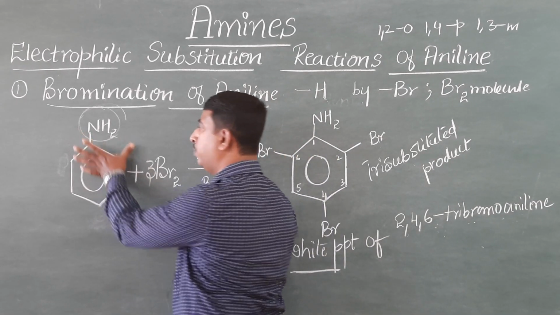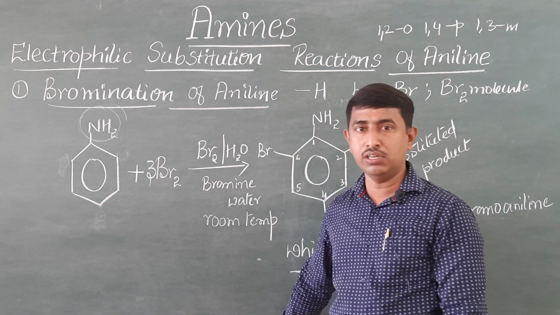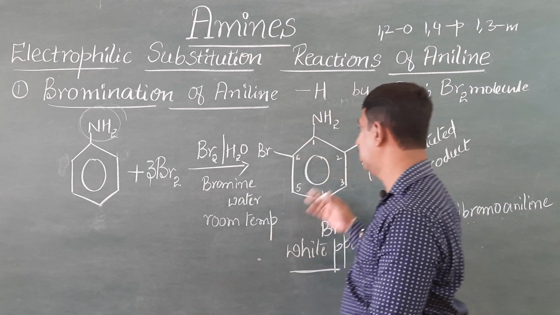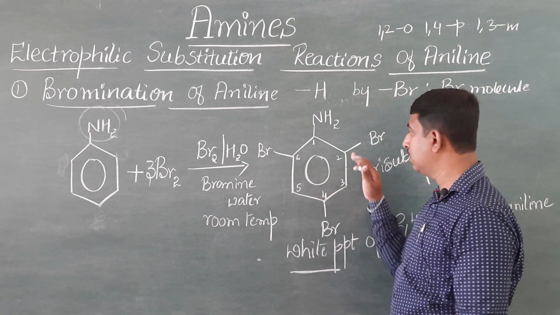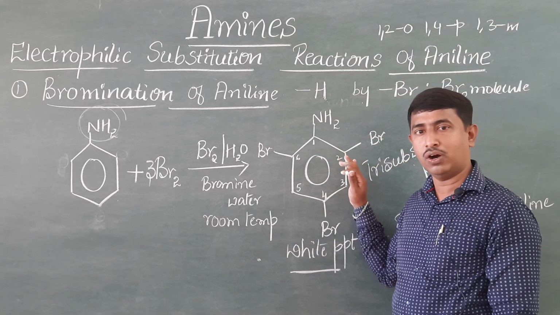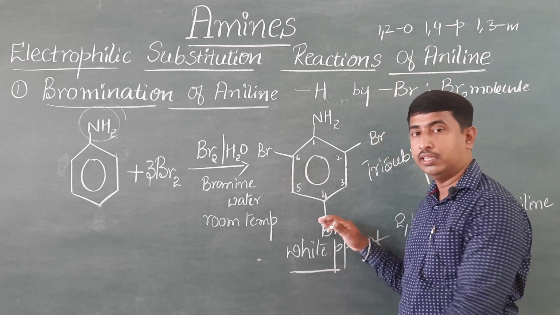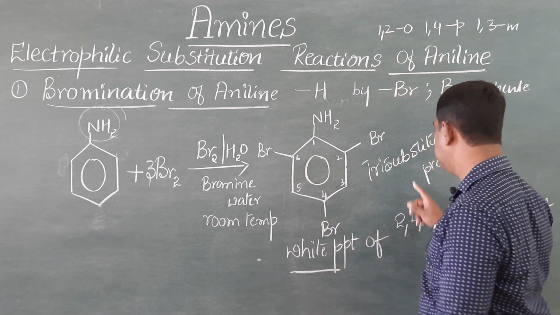See, the amino group is a highly activating group. It readily donates its electron to the benzene ring. As a result, electron density increases at ortho and para positions. Therefore we are getting a tri-substituted product.